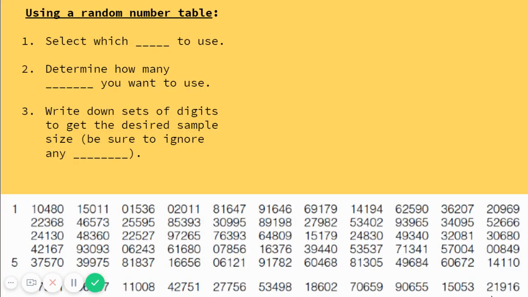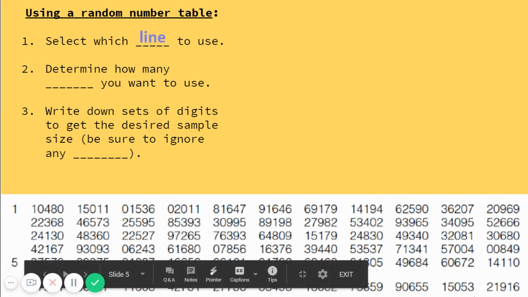Another way to draw a random sample is to use a table of random digits. This was especially popular before the advent of well-written algorithms. When we use a table of random digits, we select which line we're going to use.